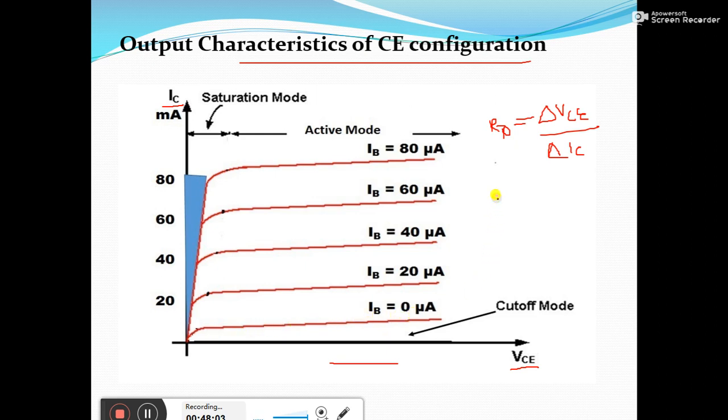So the R0 value of CE configuration is smaller than the R0 value of CB configuration. Obviously R0 will be large only, but whether it is larger than that of CB or not, that you have to tell here. R0 is large only, but R0 of CE is smaller than that of R0 of CB configuration. This point you have to note down.